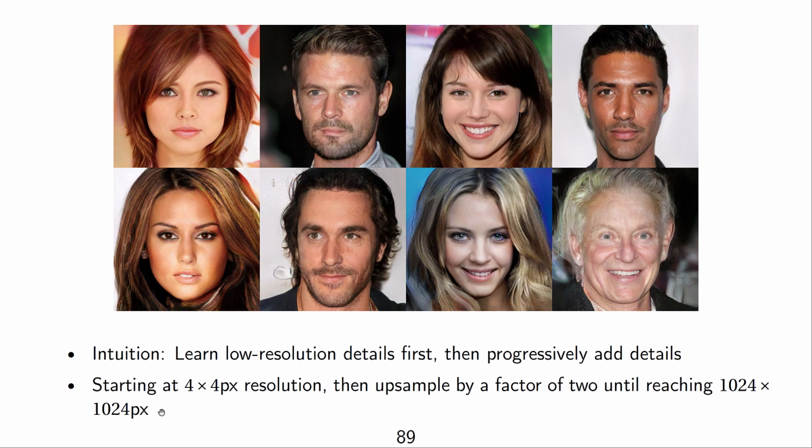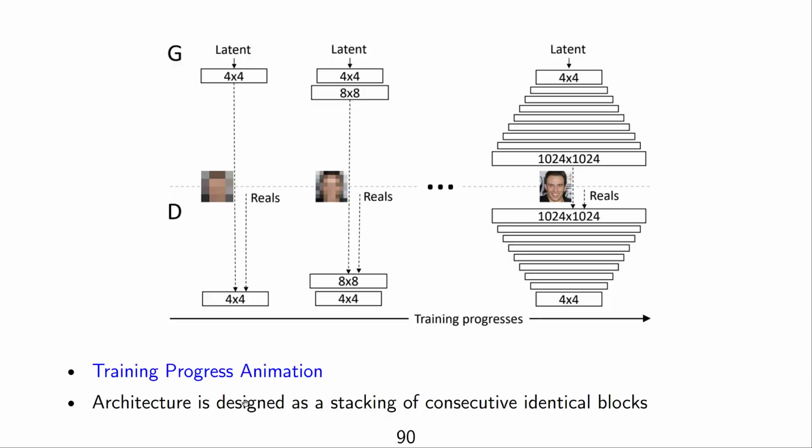All right, let's look at progressive growing. We start at some resolution, 4×4 pixels, and then we upsample to 1024×1024. In the beginning, the generator generates 4 by 4 images, and the discriminator judges 4 by 4 images.